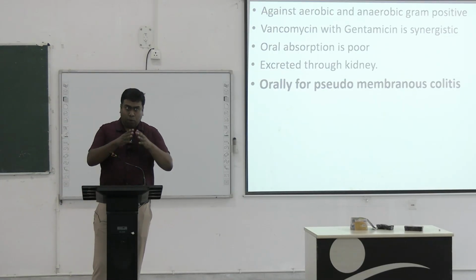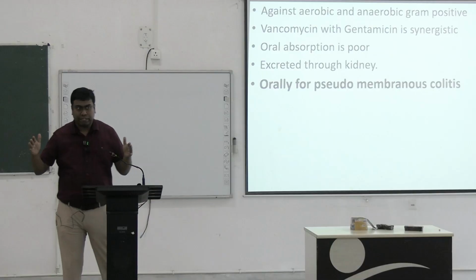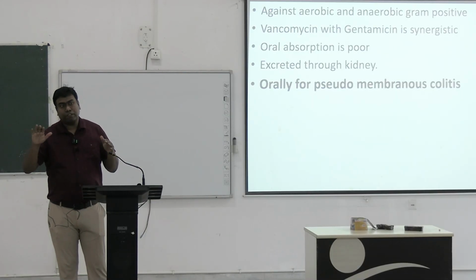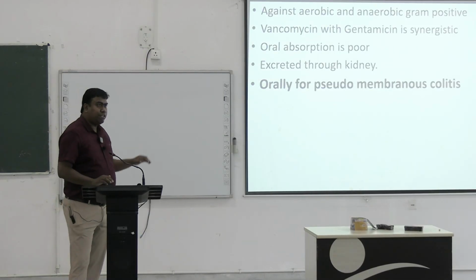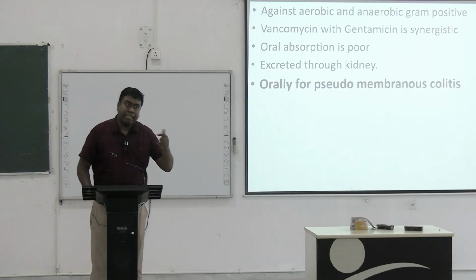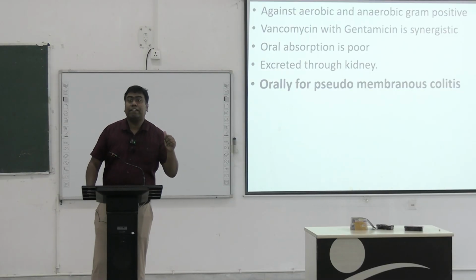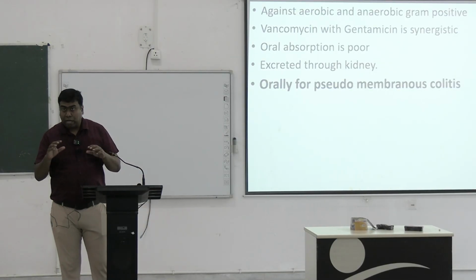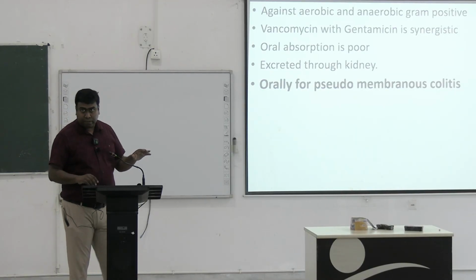When there is a broad spectrum antibiotic. Name some broad spectrum antibiotics. Tetracycline, chloramphenicol for long duration. There is a possibility of production of this situation, pseudomembranous colitis. Most vancomycin use is injectable. In MRSA we give injectable, but in pseudomembranous colitis, as it is required to concentrate locally in gut, we give oral vancomycin.